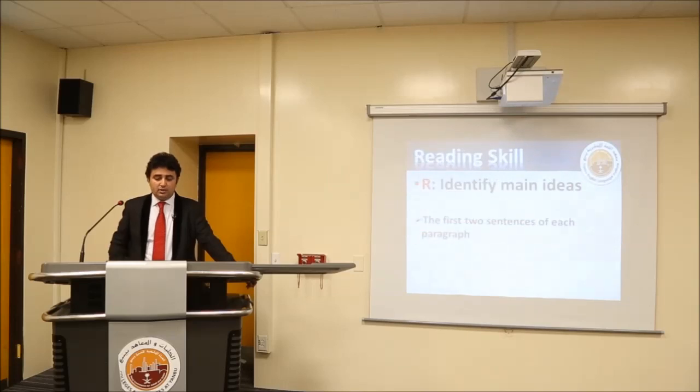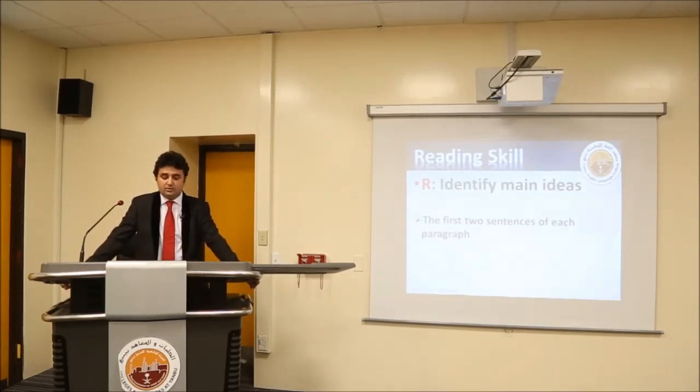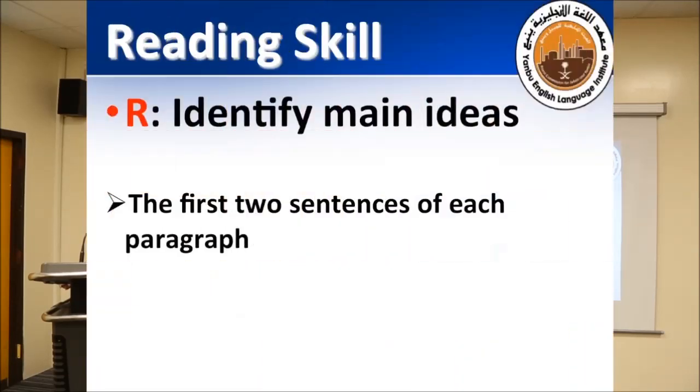Our next learning objective is the learning objective of reading skill. In reading, you identify main ideas. A reading passage is always given in the form of paragraphs, and each paragraph has one main idea.